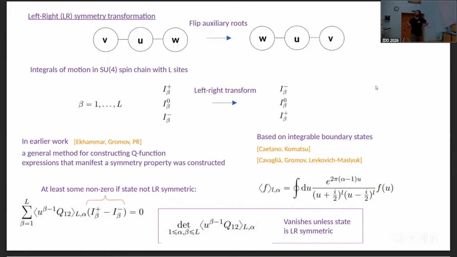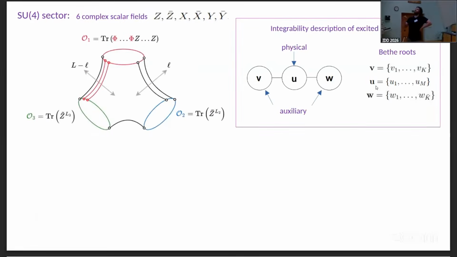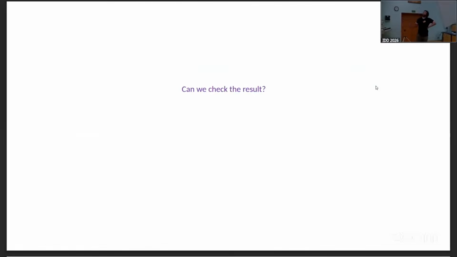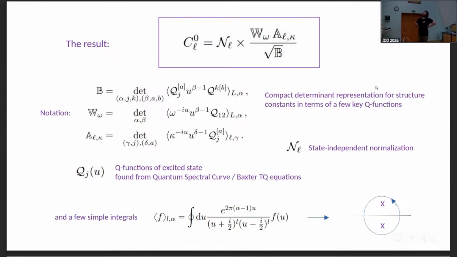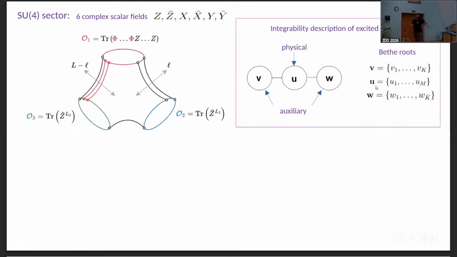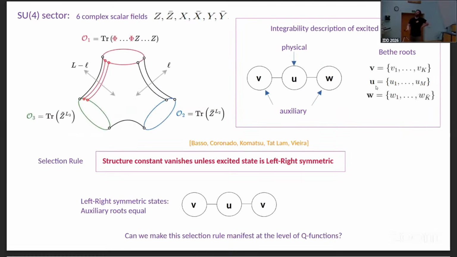But this determinant of Q12 was precisely one of the building blocks in my structure constant. So if my state was not left-right symmetric, this W factor would be identically 0. From this, we can immediately read off that this infinite tower of quantum symmetries is manifest from this expression. So this is a very strong consistency check. And knowing this symmetry property was one of the ways we derived this thing in the first place.